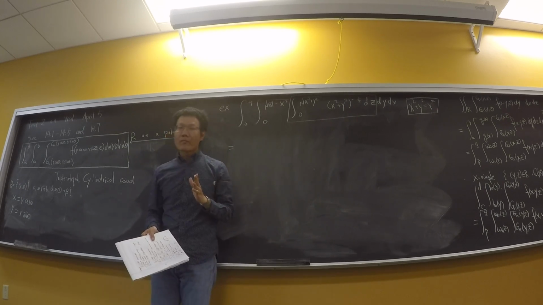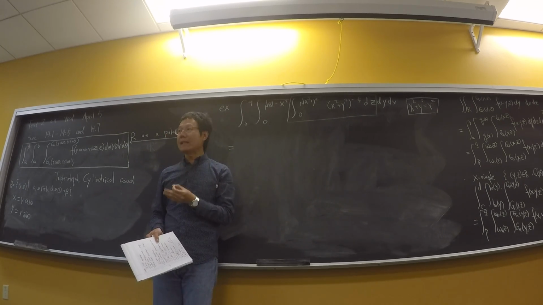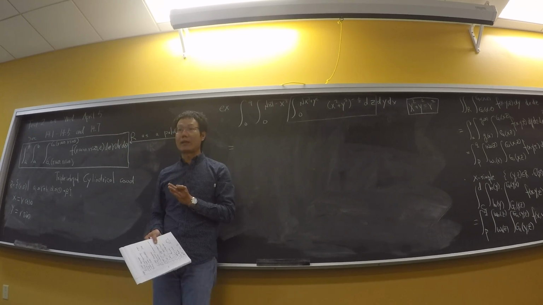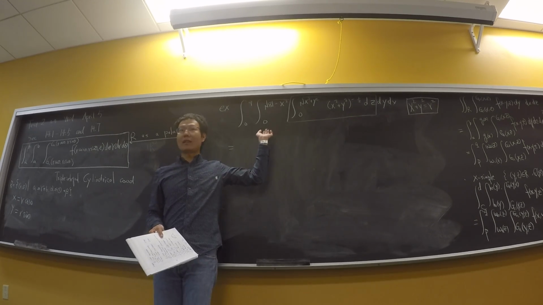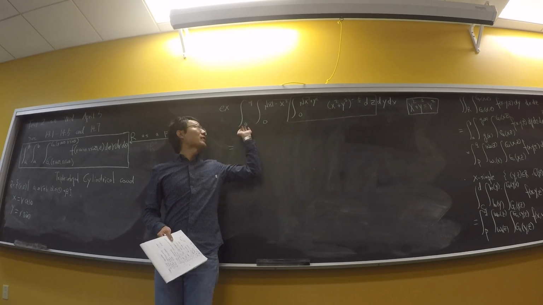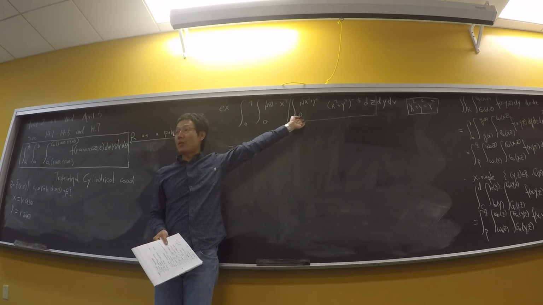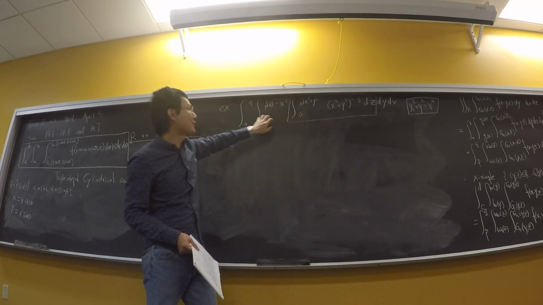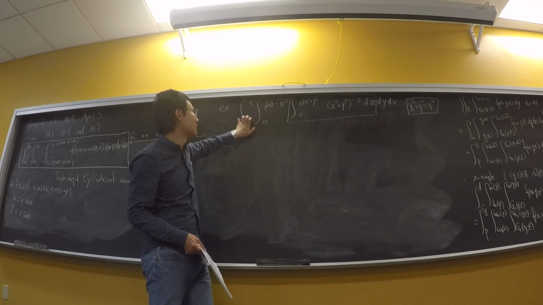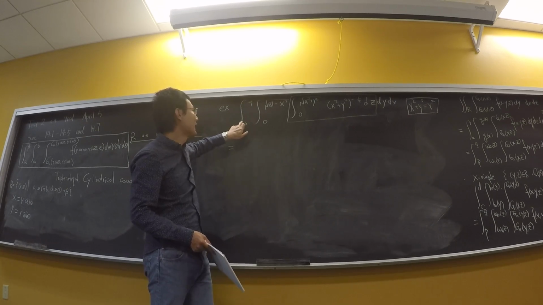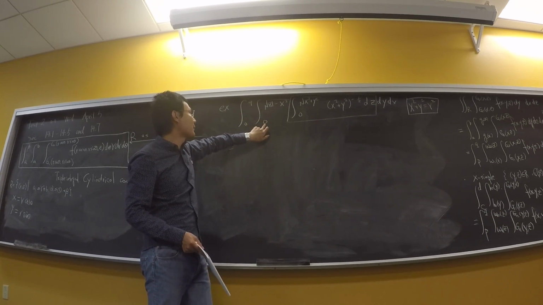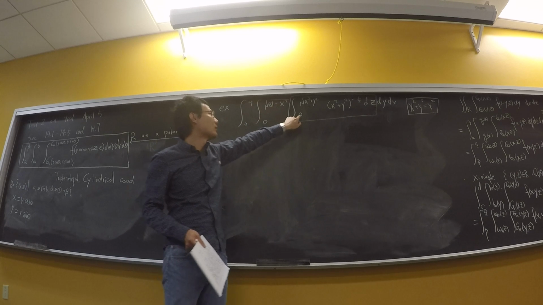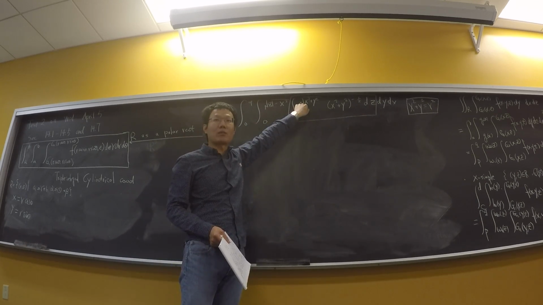I'm only looking at x and y, and I need to identify this region on the xy plane. A lot of people try to switch from x, y, z variables to cylindrical coordinates by drawing the picture in R3, which is pretty challenging. If I ask you to draw the region of this triple integral, you have to give me a solid region in R3: x is bounded between 0 and 9, y is between 0 and this function, z is bounded between 0 and square root of x squared plus y squared.